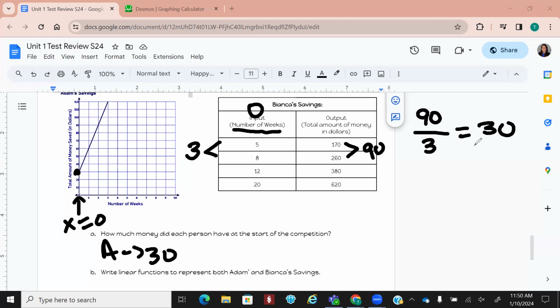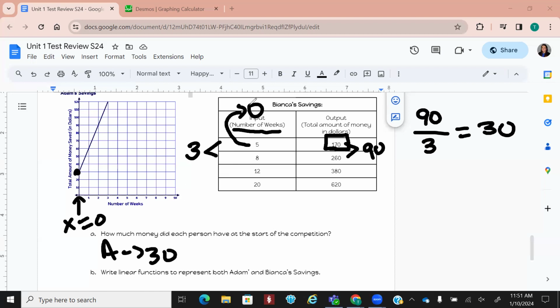So if we want to figure out how much she had when she started, we need to go back from 5 all the way to 0. And we know that this is increasing by 30 each week, right? So what do we need to do? We are at 170, and we want to go back to week 0.